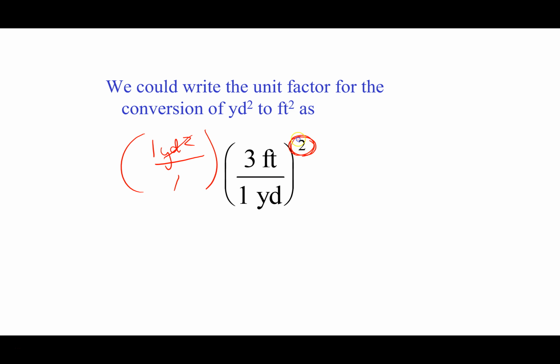One of the things I'm going to emphasize: if you raise a quantity to a power, you have to take that power through the numbers in the numerator and denominator, and the units in the numerator and denominator. So that squared would make these yards squared cancel. We take that square into the 3, that gives us 3 squared is 9. We take that square into the feet, that gives us feet squared. So 9 feet squared.